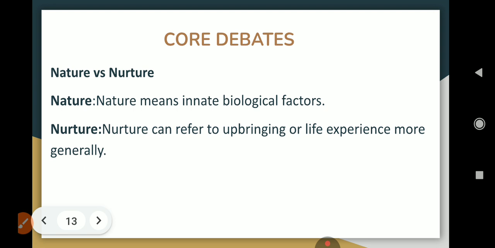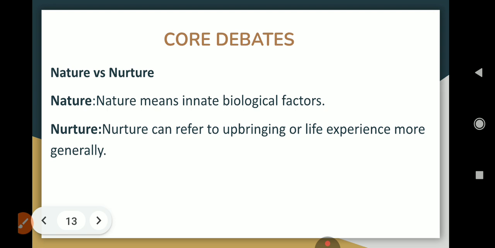Your family plays a major role in your development, in everything. Nutrition, you know there's a saying, you are what you eat. Your nutrition and what you eat is very, very important. Education, what kind of education you get.